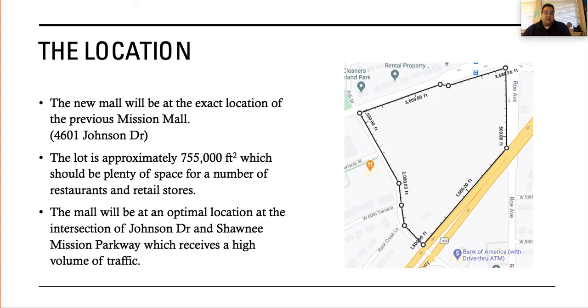And so I inserted my screenshot of how I measured the lot, and I got 755,000 square feet there, okay? The lot is approximately 755,000 square feet, which should be plenty of space for a good variety of retail stores and restaurants. The location is excellent between Johnson Drive and Shawnee Mission Parkway, right there along Roe. Lots of traffic going along both streets.